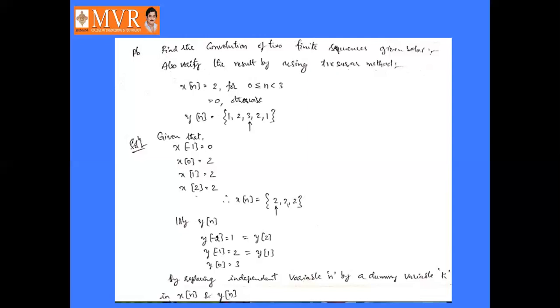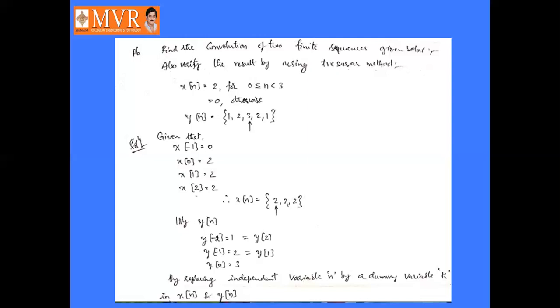Okay. So x of minus 1 value is 0. x of 0 is 2. x of 1 is 2. x of 2 is 2. Right. So therefore x of n is equal to 2, 2, 2. The arrow mark is given at the first one, that is x of 0.